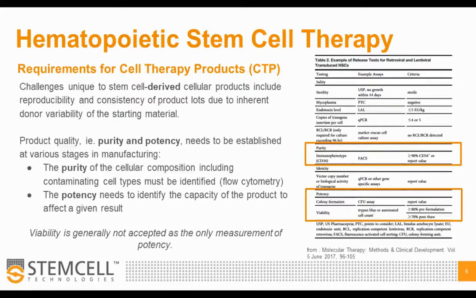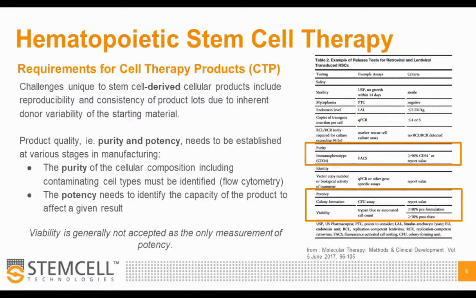that there's reproducibility and consistency, which is inherently a problem due to the donor variability of the starting material. So it's important that the product quality, both the purity and the potency, needs to be established at various stages of manufacturing. And the purity means really the cell composition, including the contaminating cell types.